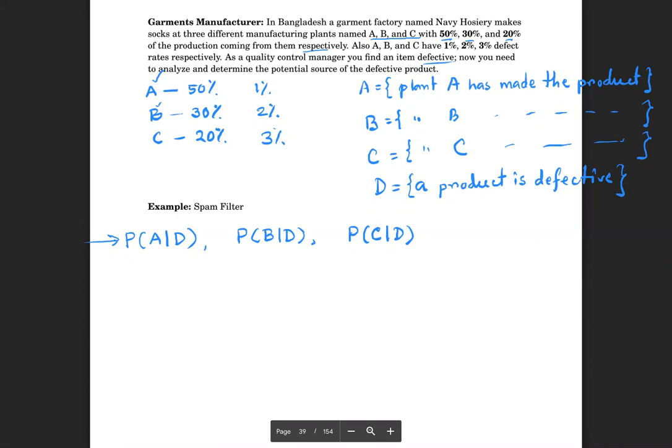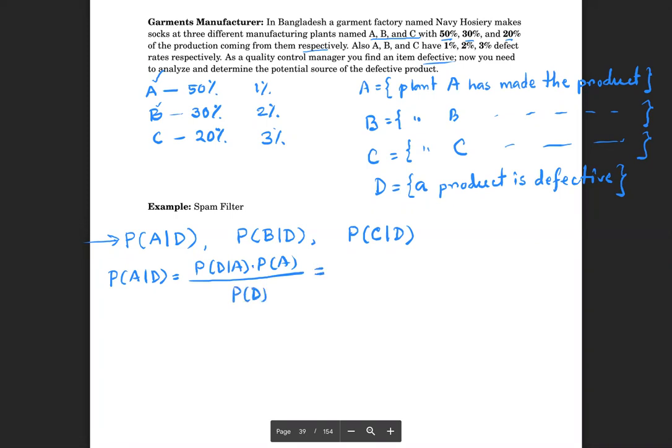So that's where Bayes' theorem comes into play. The probability of A given D is equal to the probability of D given A times the probability of A, divided by the probability of defective.